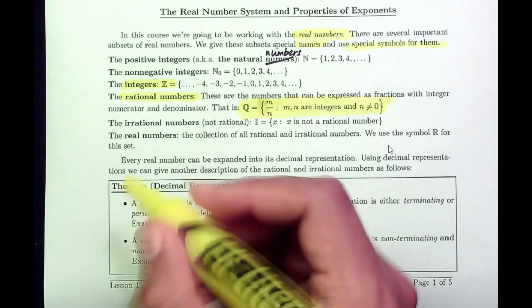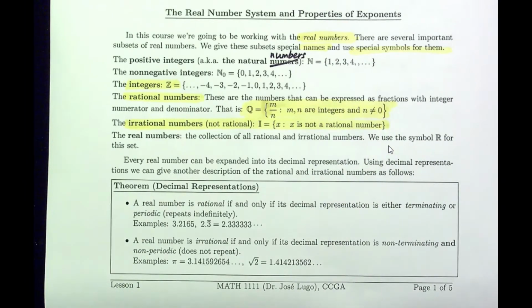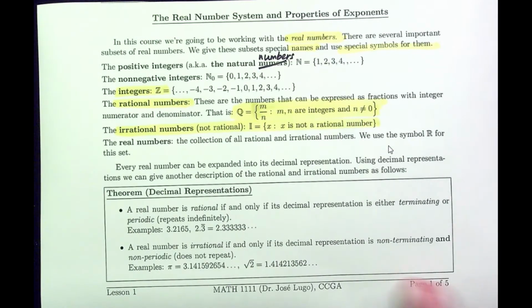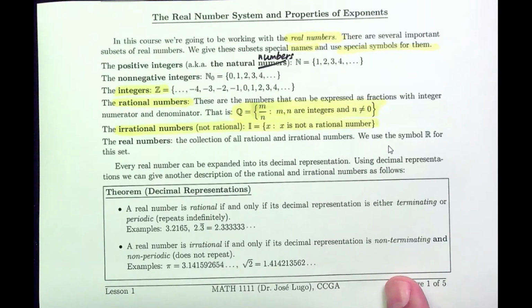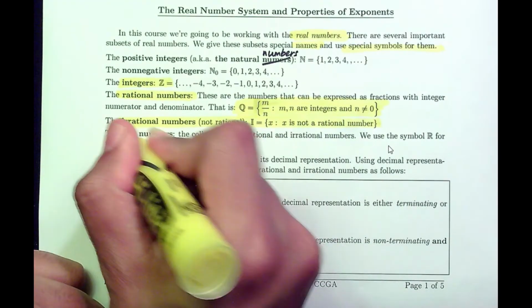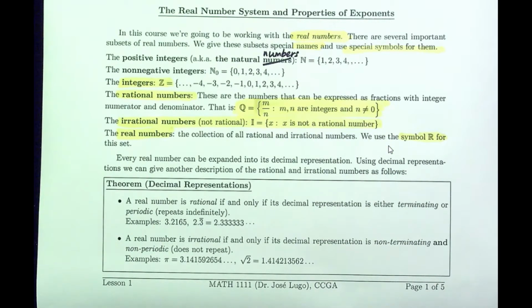We're not going to be talking too much about those, but they are just the real numbers that are not rational, and the special symbol is I for irrational. And then the real numbers is the set of all of them, the set of rational numbers and irrational numbers. The special symbol for the set of real numbers is R.